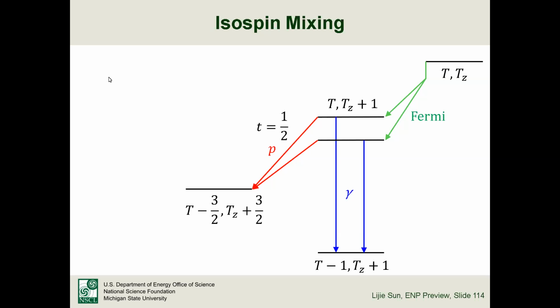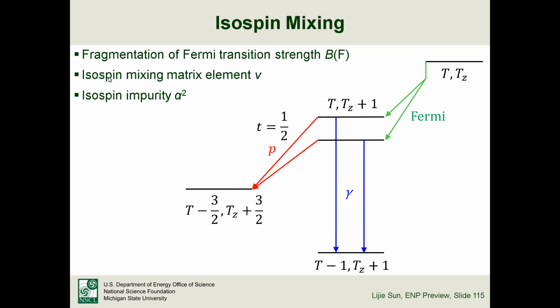So to study this isospin symmetry or isospin mixing phenomenon, usually to determine the amount of isospin mixing in the isobaric analog state, experimentalists usually extract three quantities.